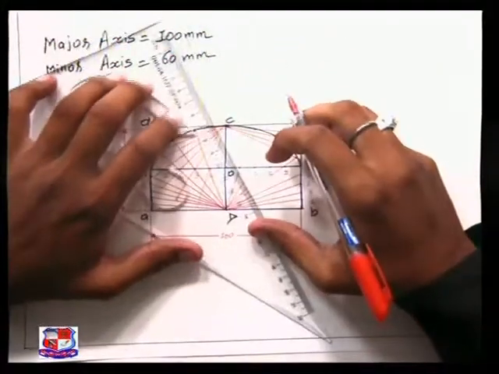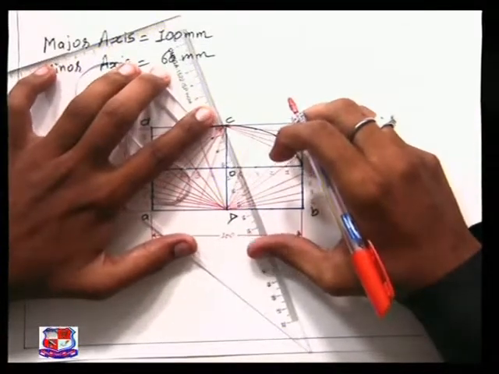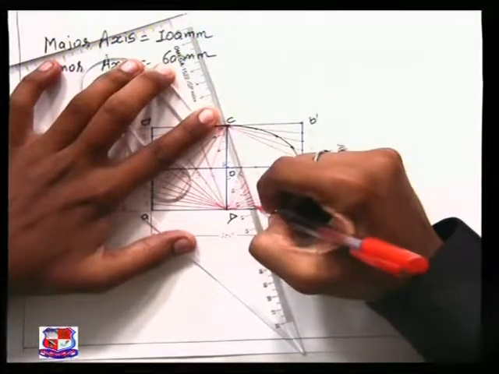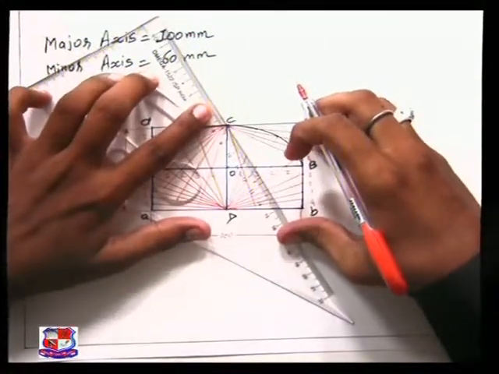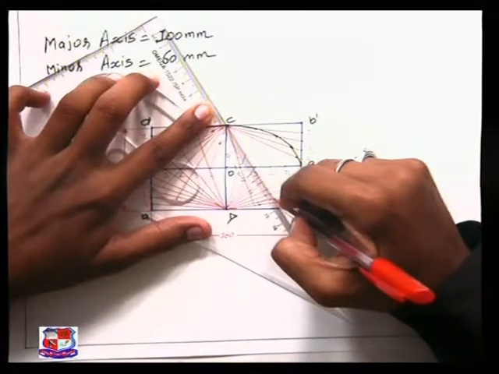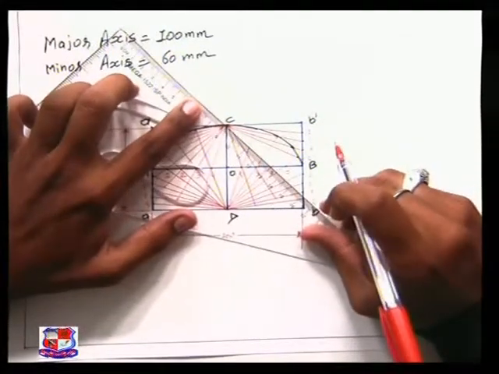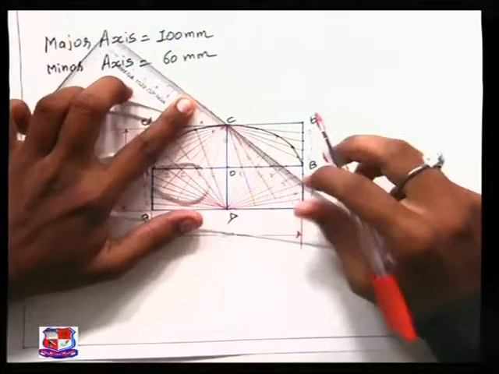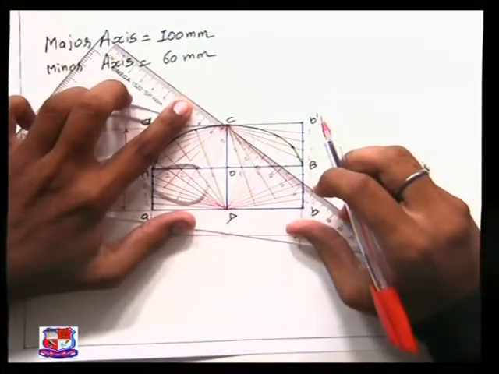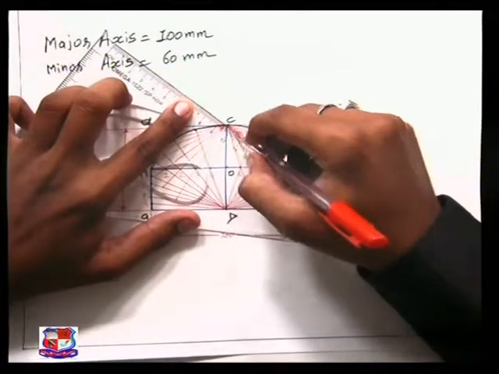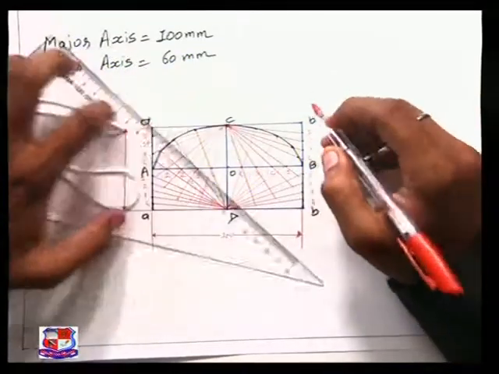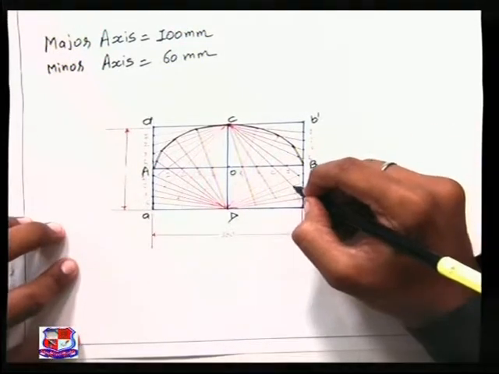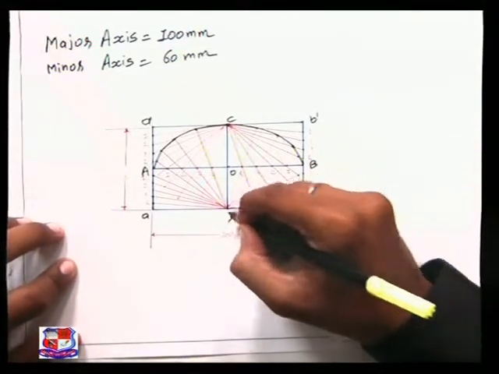Same way on the last side: C4 touching the fourth line, C3 touching the third line, C2 touching the second line, and last C1 touching the first line. Again we have obtained a total of 8 points.